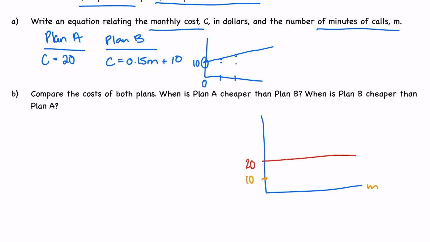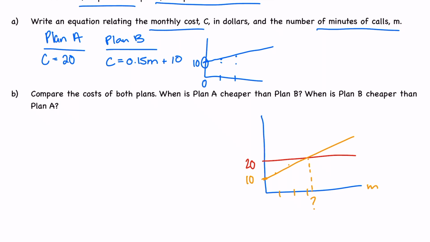So if your minutes are here on the x-axis, for 1 minute, it's an additional 15 cents. For 2 minutes, it's another 15 cents on top of that. For 3 minutes, another 15 cents on top of that. And eventually, after a certain number of minutes, which we don't know, plan B will catch up to plan A at around that point, and they will be equal to the same cost per month.